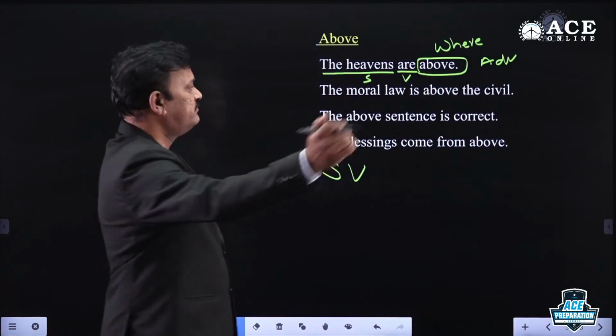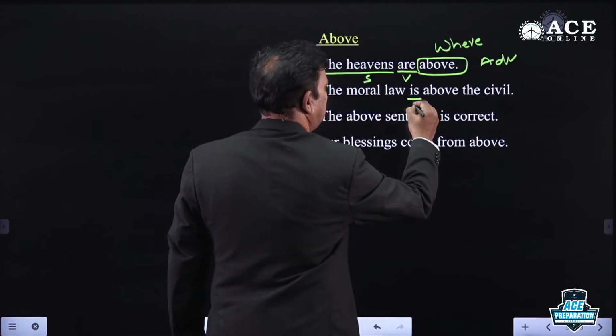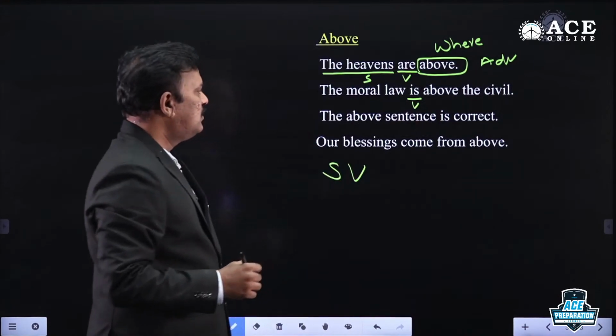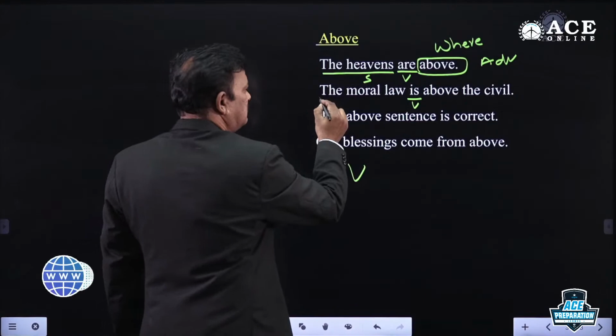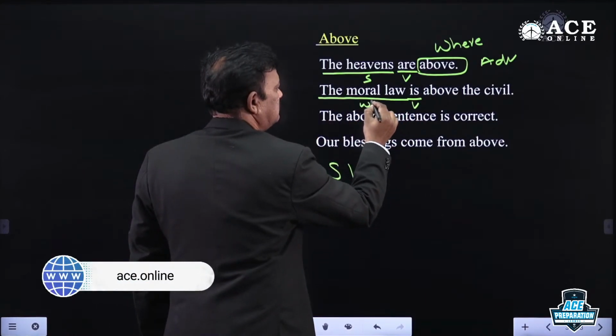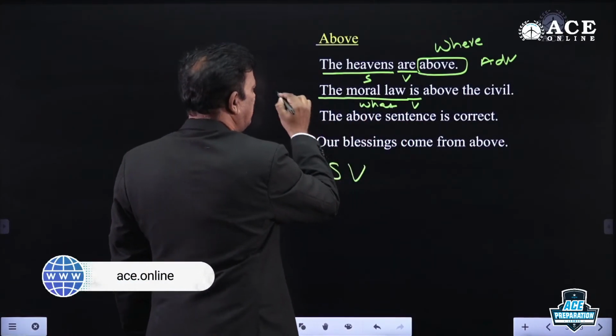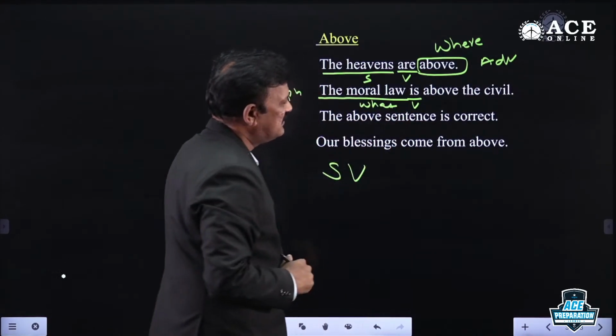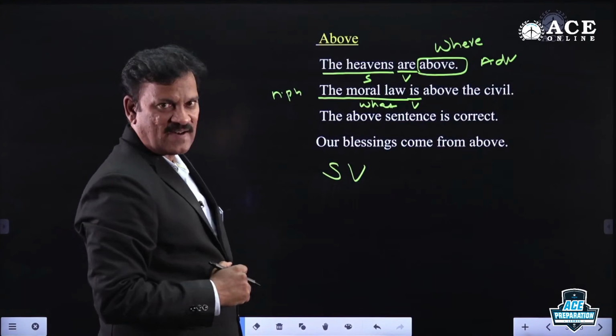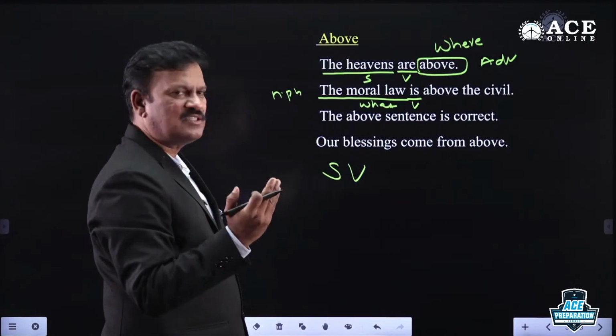That's it. The moral law is above the civil. Start from the verb. What is above the civil law? Noun phrase. What is where? The answer for where is above the civil.